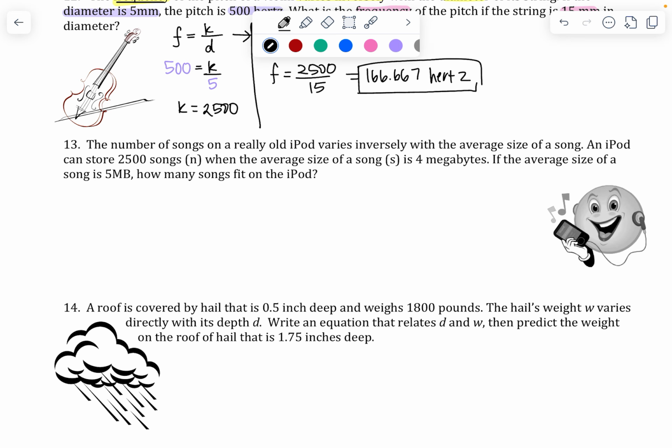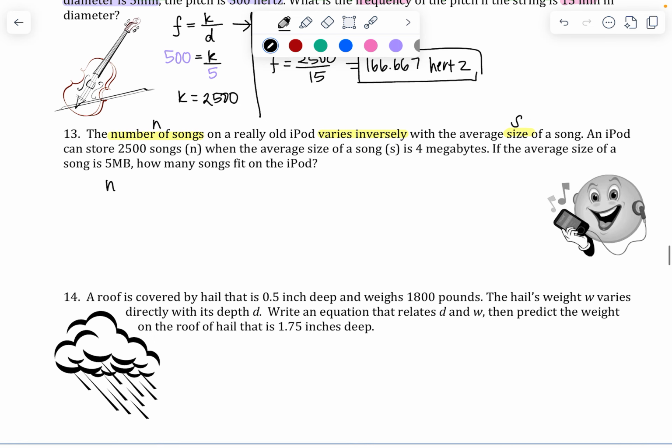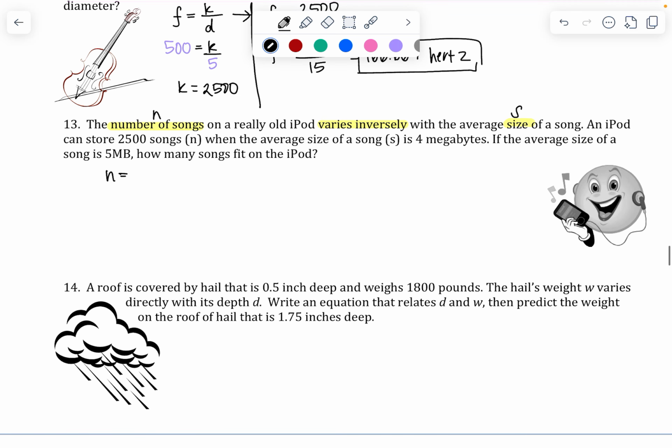The number of songs on a really old iPod varies inversely with the average size of a song. Okay, and so we'll do N for number of songs, and we'll do S. Be careful, make sure your S's don't look like 5s. So number of songs varies inversely with size.